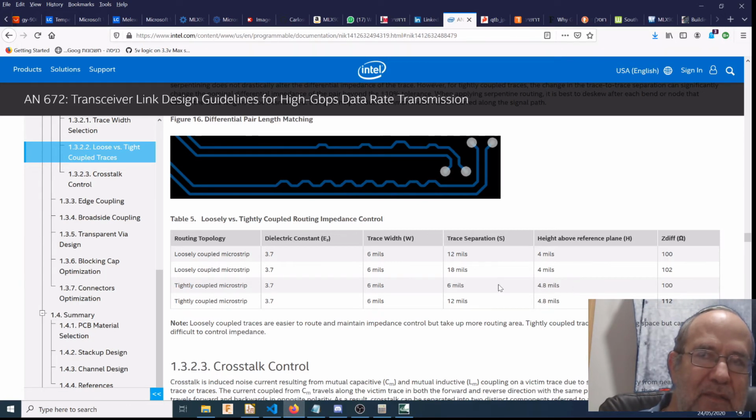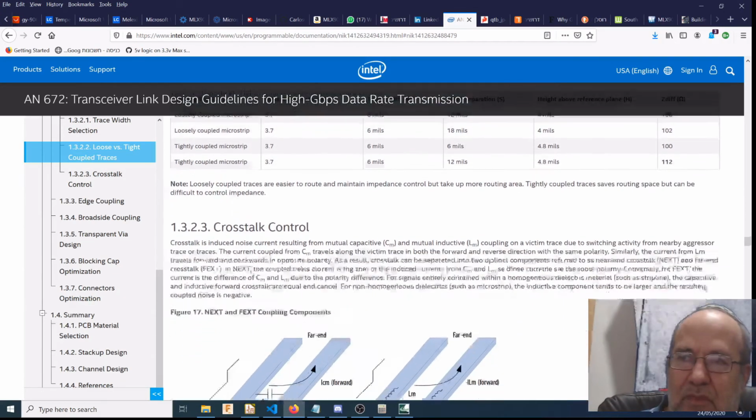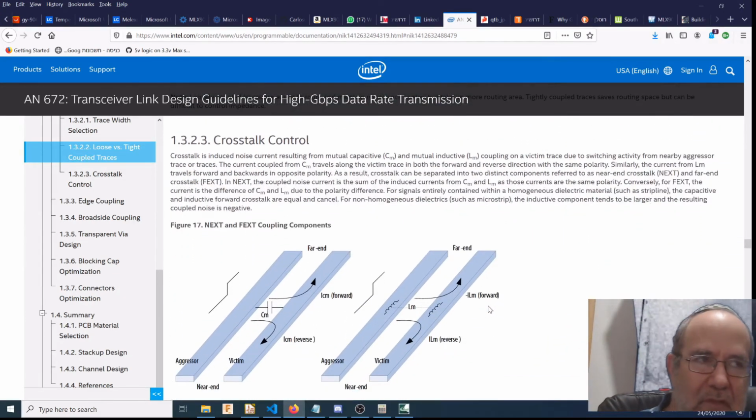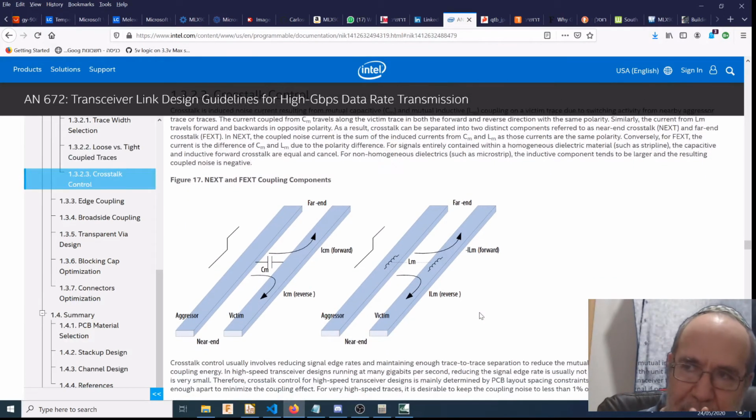The height, these two are a pair and these two are a pair. They basically want 100 ohm differential pairs, and they've changed the trace separation. Okay.